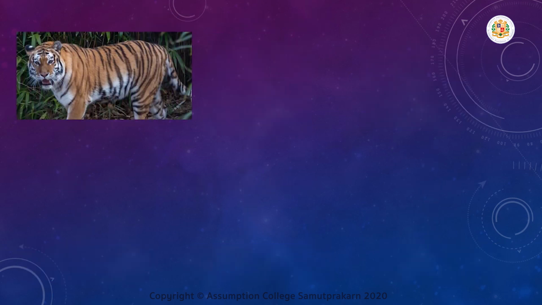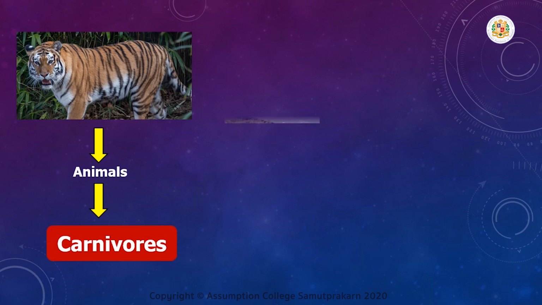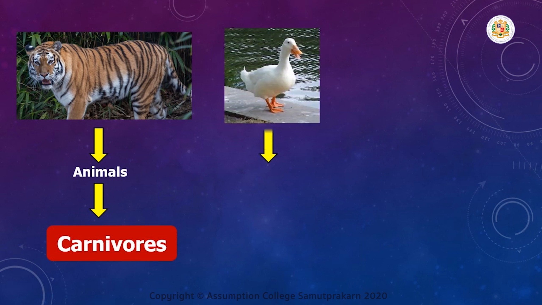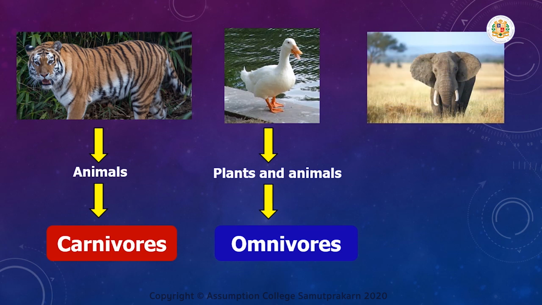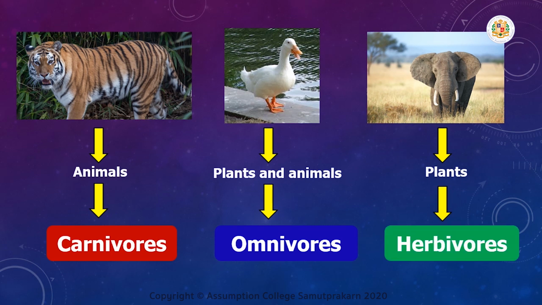Tiger eats animals, and they belong to carnivores. Duck eats plants and animals. They belong to omnivores. Elephant eats plants, and they are herbivores.